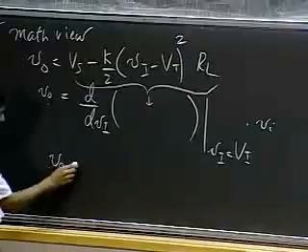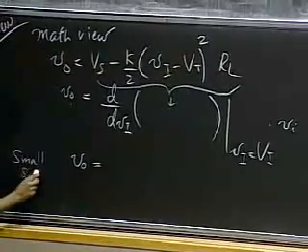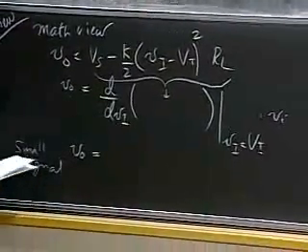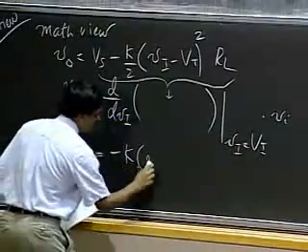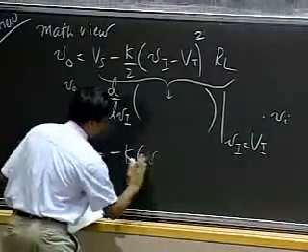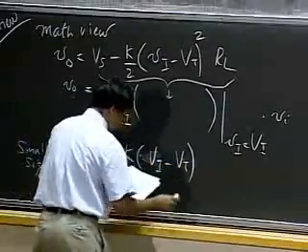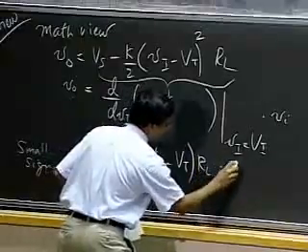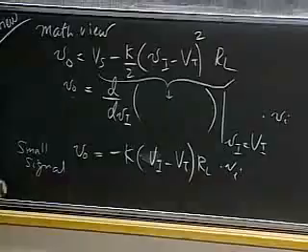And the resulting expression that we got for small VO was simply minus K, this was our DC value, and RL times small Vi. Okay, so we derived all of this the last time. So there's nothing new so far.